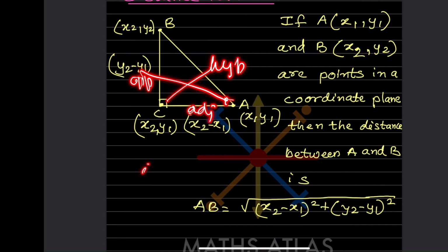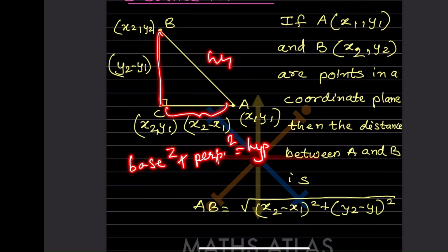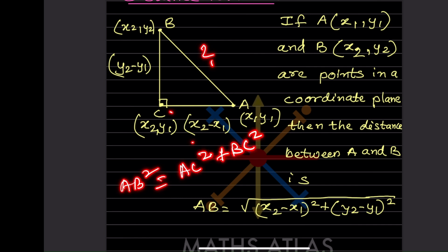The adjacent side is also called the base, and the perpendicular side is the height. Base square plus perpendicular square is hypotenuse square. So AB is the hypotenuse, AC is the base, and BC is the height.